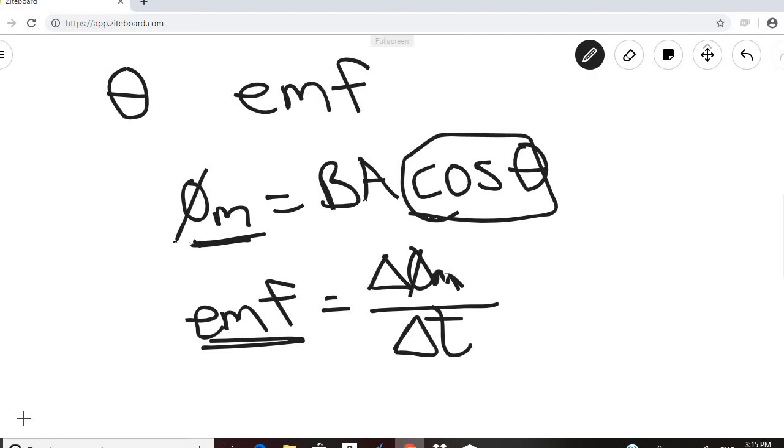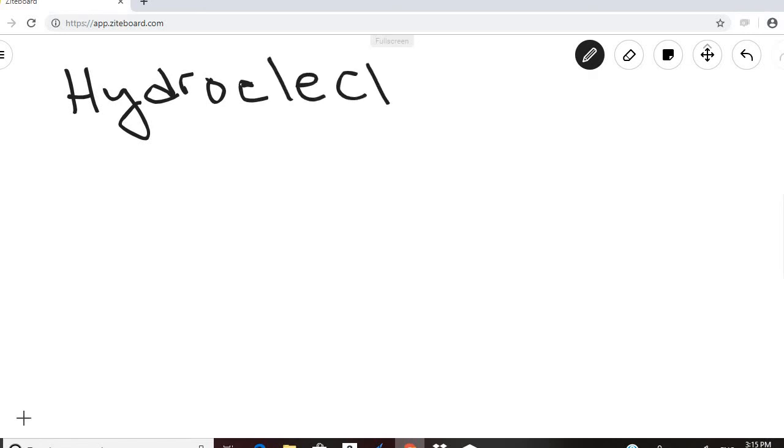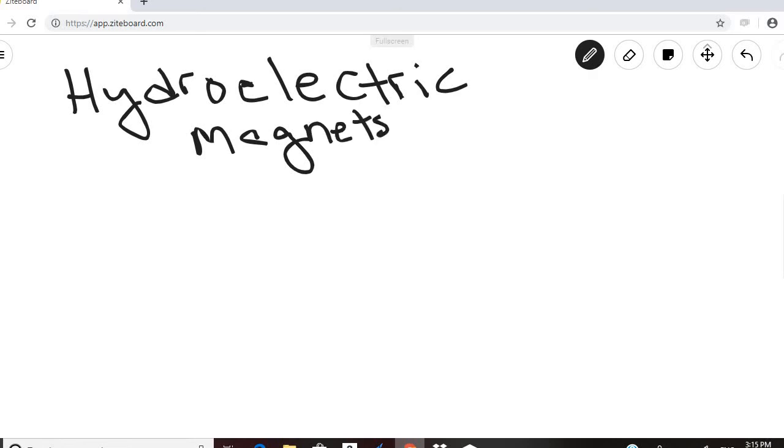So how are the magnets made to spin? Well, it really depends on the type of energy that is used. So in hydroelectric power, the magnets are hooked to a water wheel, and so as the current flows from the water, it turns the wheel, and that turns the magnets.